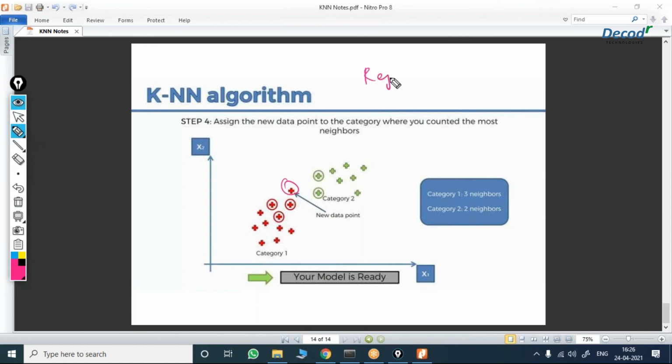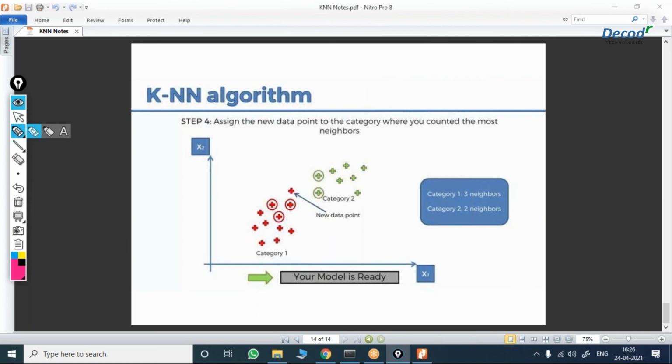Because it is a regression problem, the output should be numeric. These neighbor values are all numeric, so just take the average. If the nearest are discrete, take the mode.